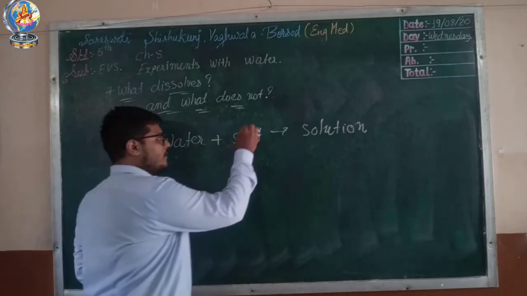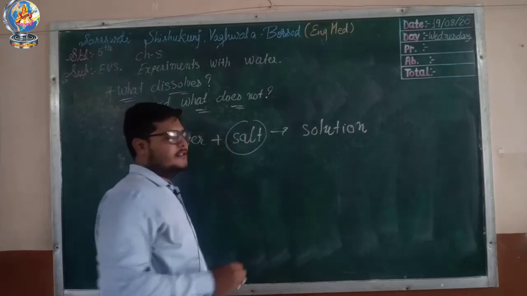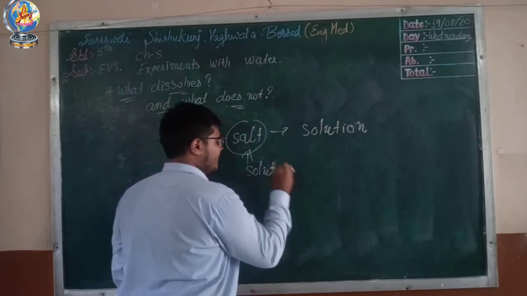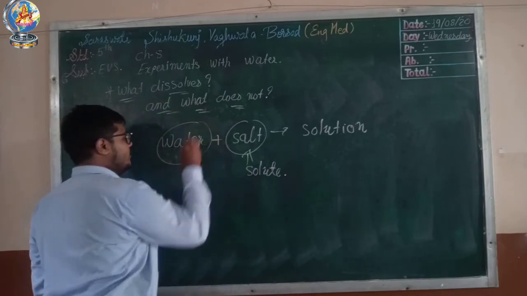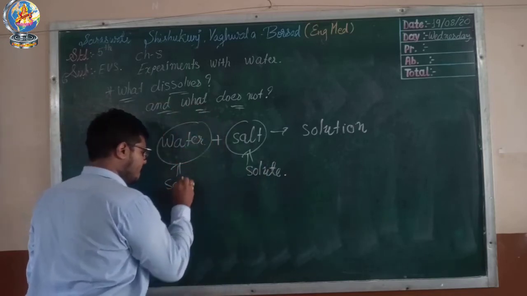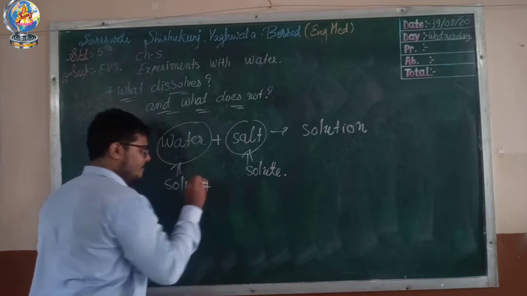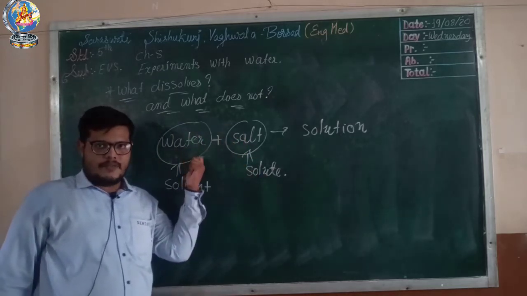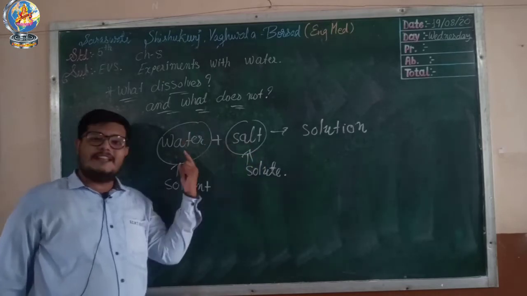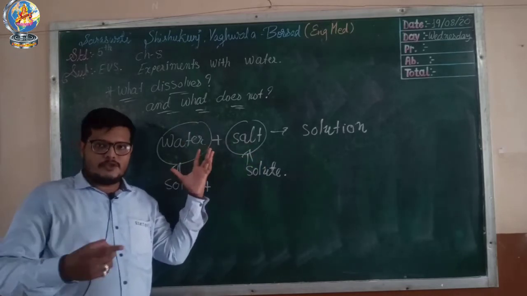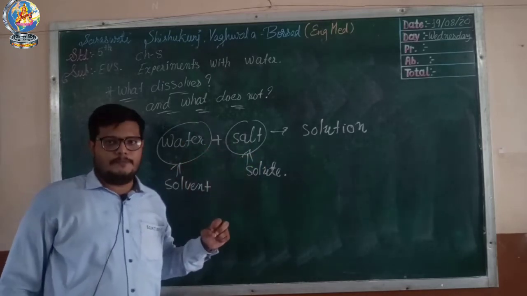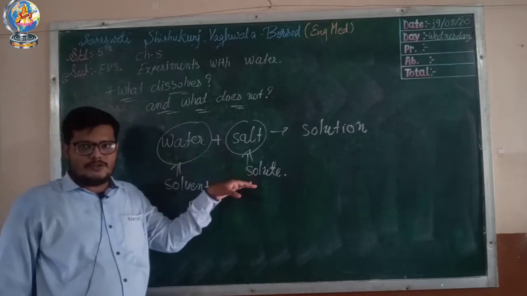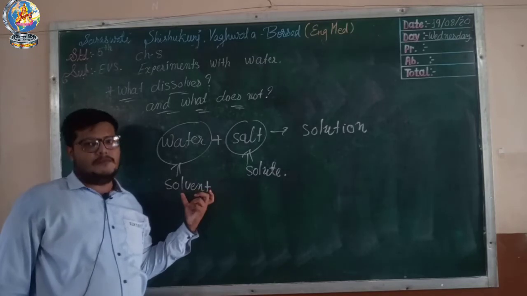This one is called solute, and this one is called solvent. The solid part which gets dissolved in the liquid and forms a solution is called solute. And the liquid which dissolves the solute is called solvent.